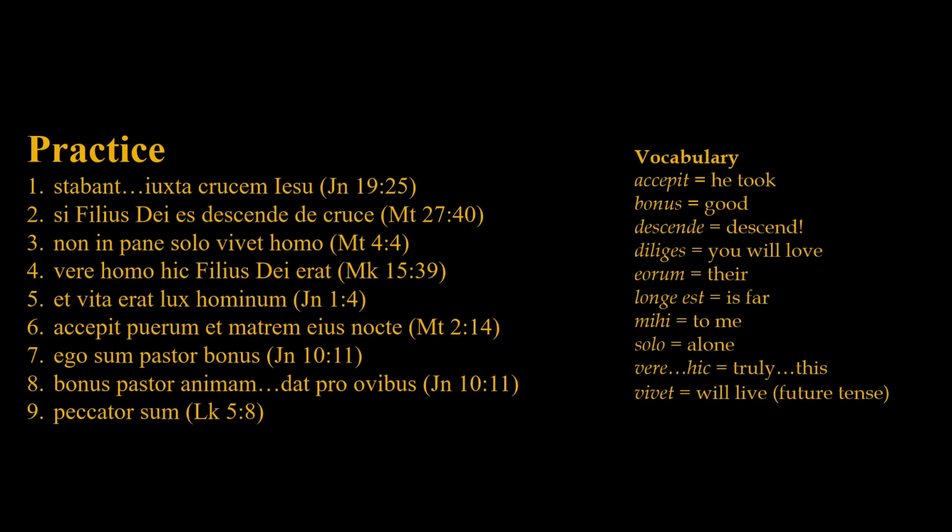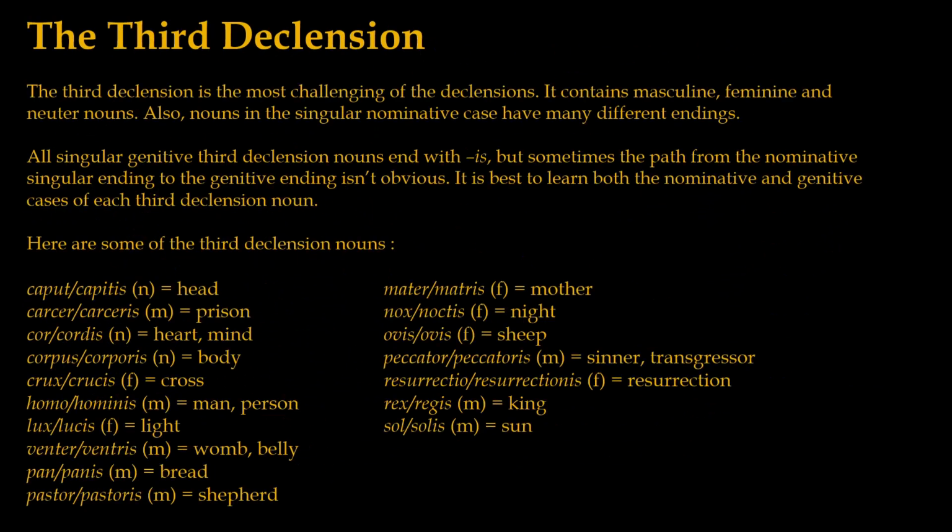Okay, number 6. Accepit puerum et matrem eius nocte. Accepit, he took, puerum, the boy, et matrem eius, and his mother, so the boy and then the boy's mother, nocte. Let's see what's going on. So accepit, he took, puerum, the second declension noun, accusative, so he took the boy, et matrem, let's go back and take a look here.